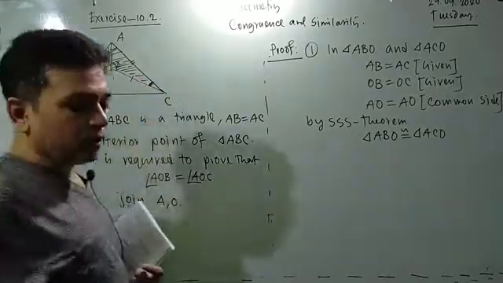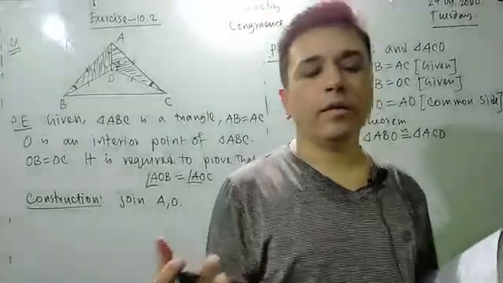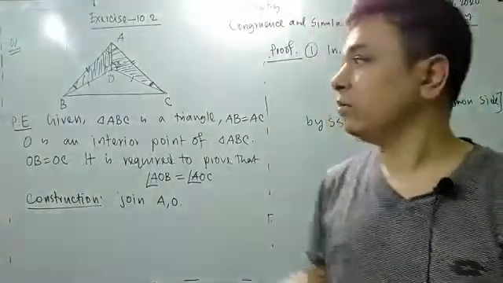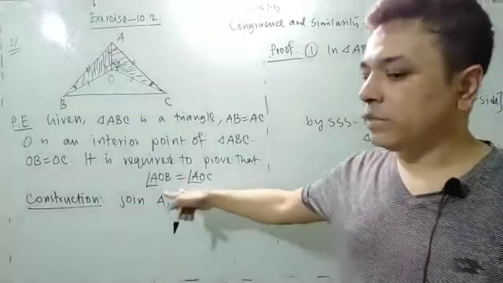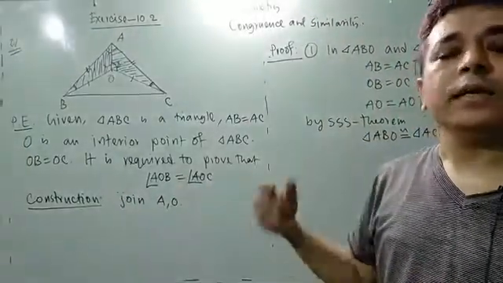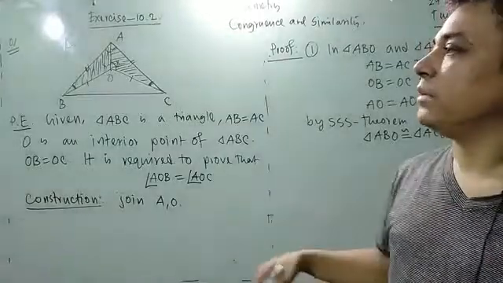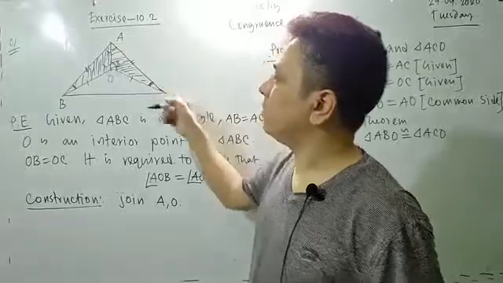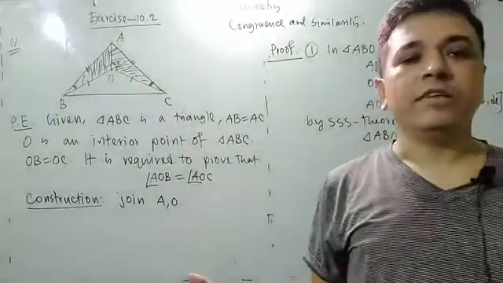Look at that here, how I can change the question. In your question here, angle AOB equals angle AOC. In the exam, if I say angle ABO equals angle ACO, is there any change here? Nothing.